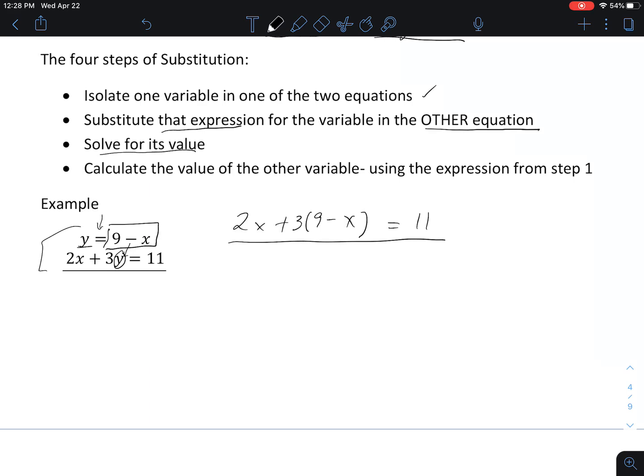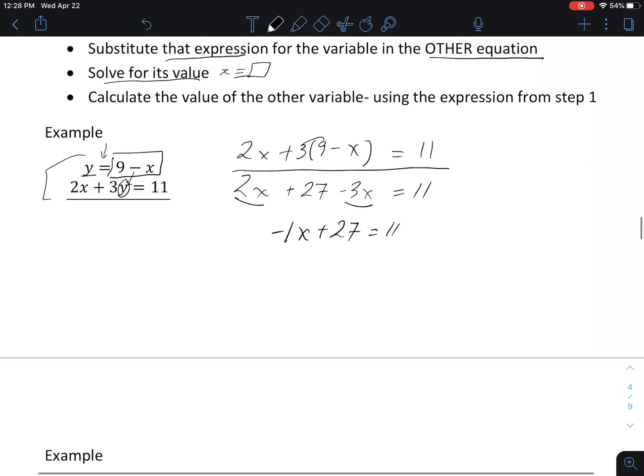Now I have a linear equation with one variable. So now I'm on this step, solve for its value. What we're going to find when we solve this is what x is. So I have 2x plus, and now I have to distribute, 27 minus 3x is 11.